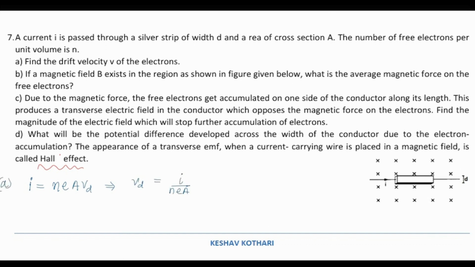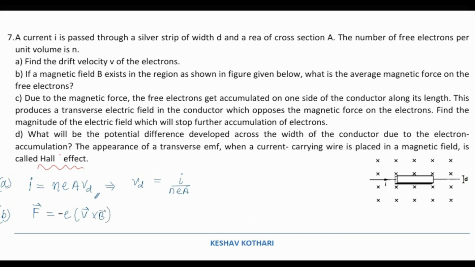This expression is obtained in the current electricity chapter, and from there we obtain the drift velocity, which is equal to I upon nEA. Now the question is asking what is the magnetic force which is acting on it. The force on a charged particle can be written as F vector is equal to qV cross B. Since it is an electron, we put a negative sign.